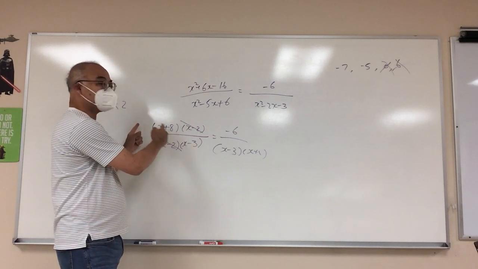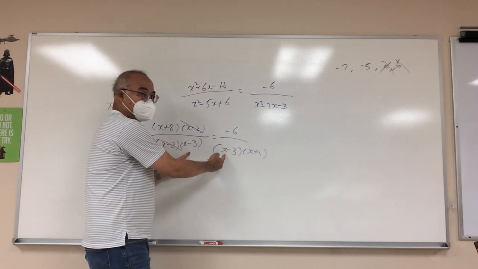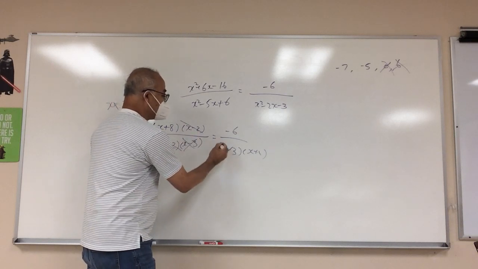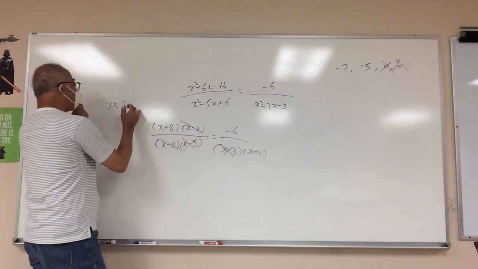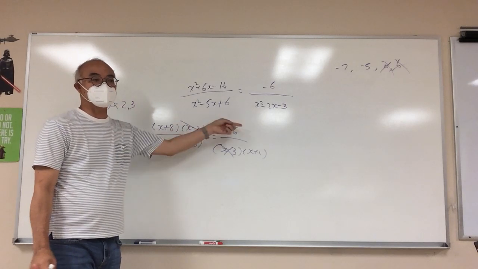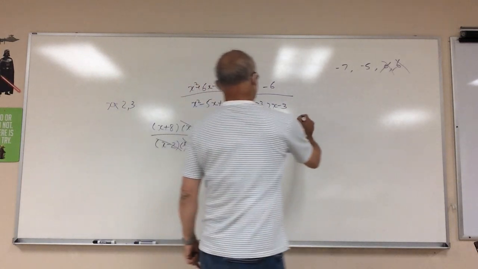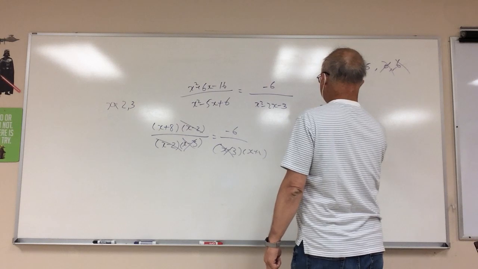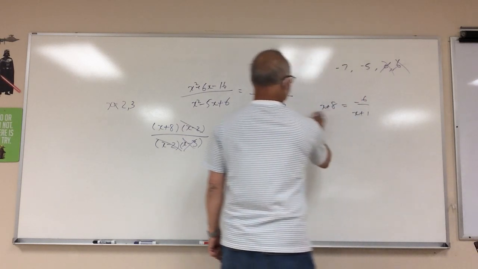I would multiply both sides by this guy, so that this guy would now go away on both sides. Again, I am now making the assumption that it's not 3, because I cannot multiply both sides by 0. Okay? So what do I have left? I have x plus 8 is equal to negative 6 over x plus 1.